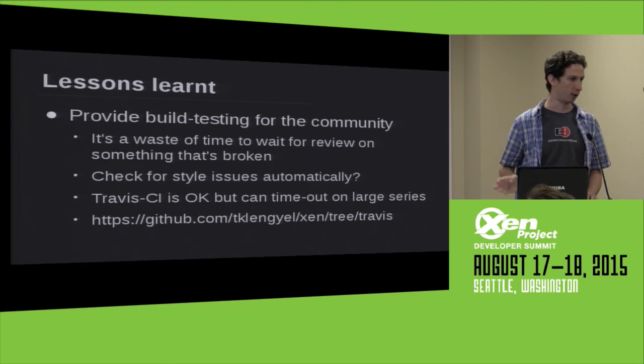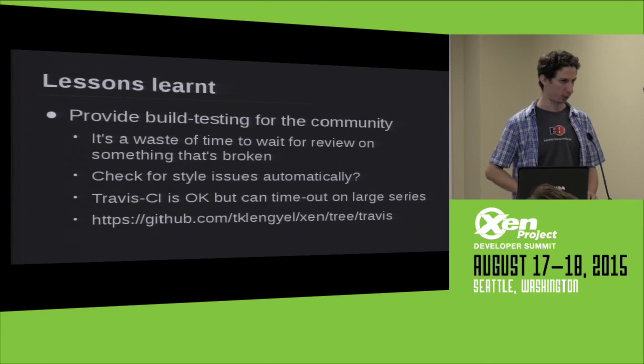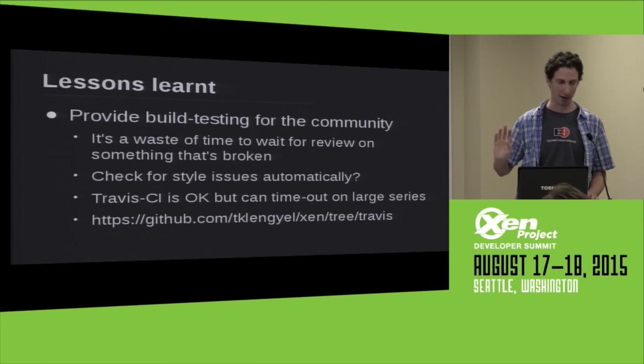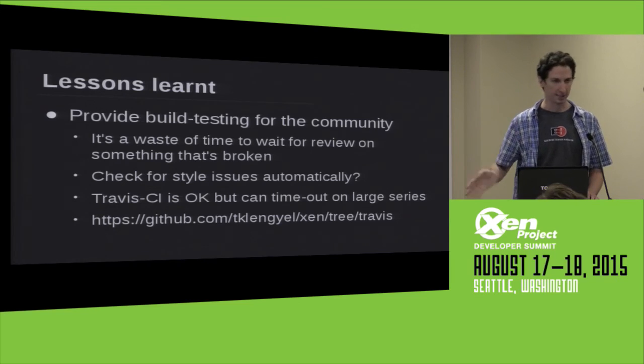Anyway, what I ended up doing is using Travis CI after a couple of months of trying to build and test everything manually on my laptop, which takes hours, and things are just flying by and I missed the error. So I started using Travis CI for at least compile testing my series. I was touching x86 and ARM and the build system, so it was all over the place.